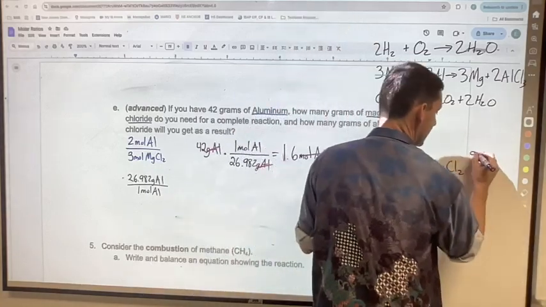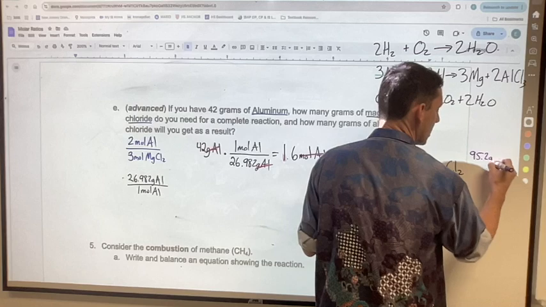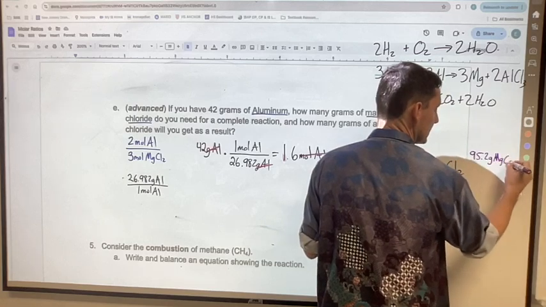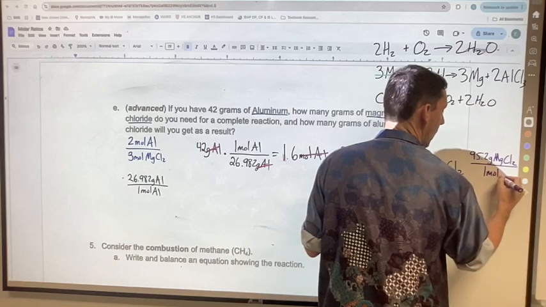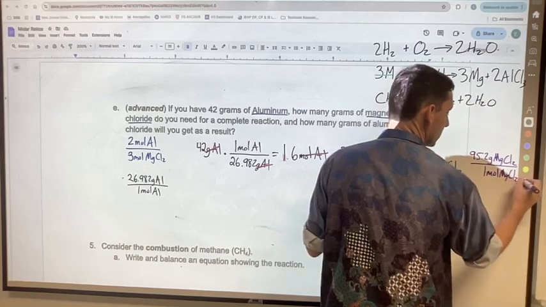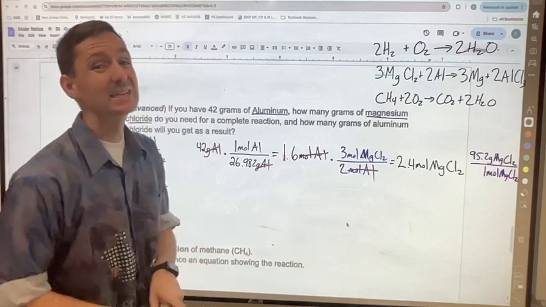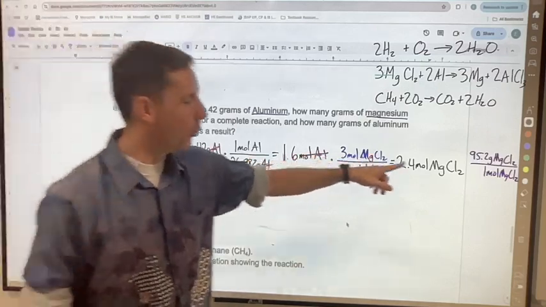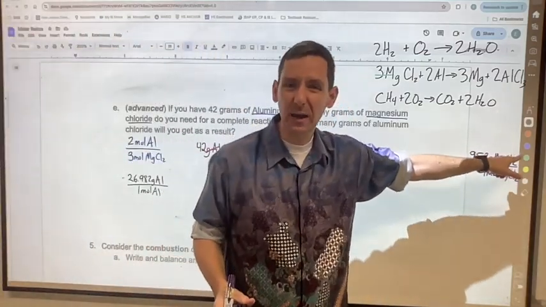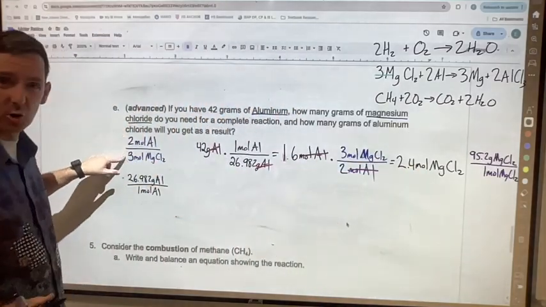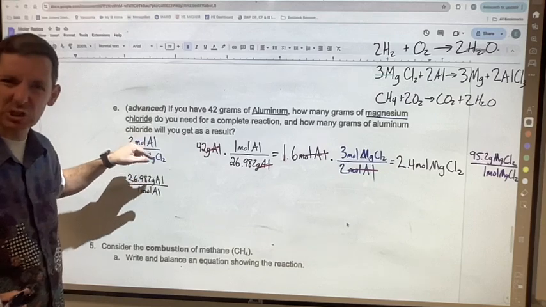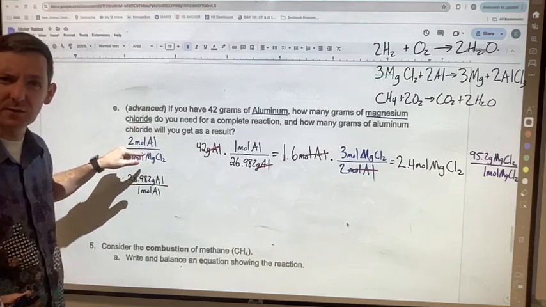So that means that I have, actually let's use a different color here. So I have 95.2 grams of MgCl2 in 1 mole of MgCl2. Now you'll notice last night we weren't always putting the chemical on there. Now I am, because I do have moles to moles, which means I need to identify which moles of Al, moles of MgCl.